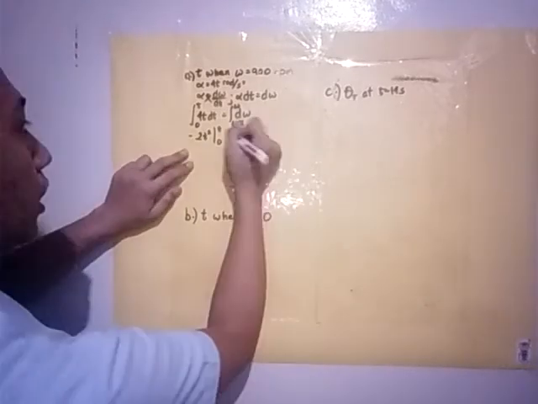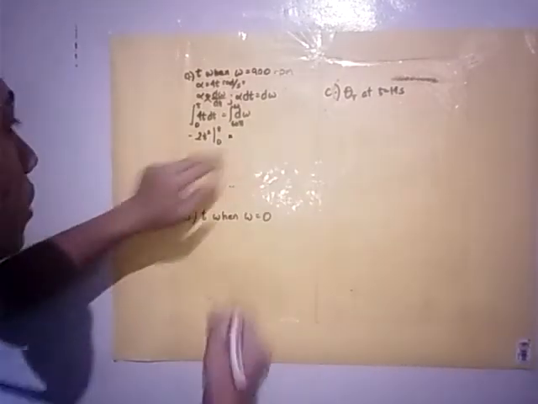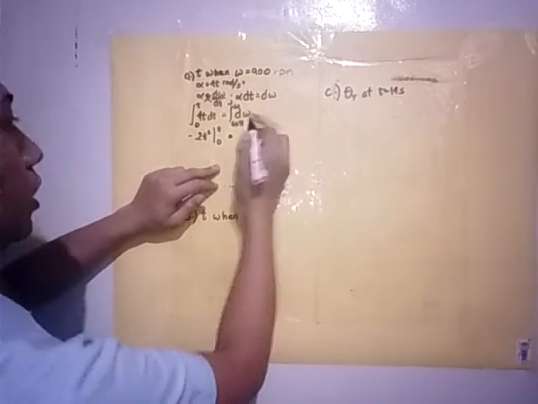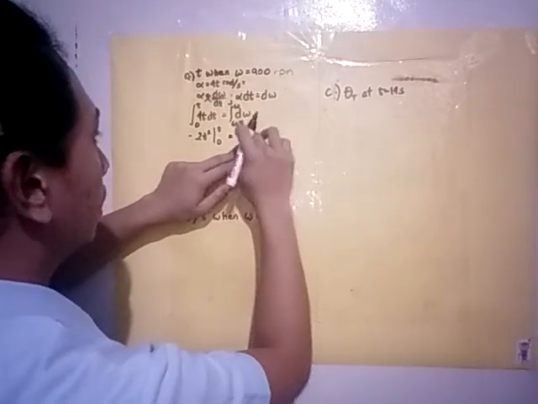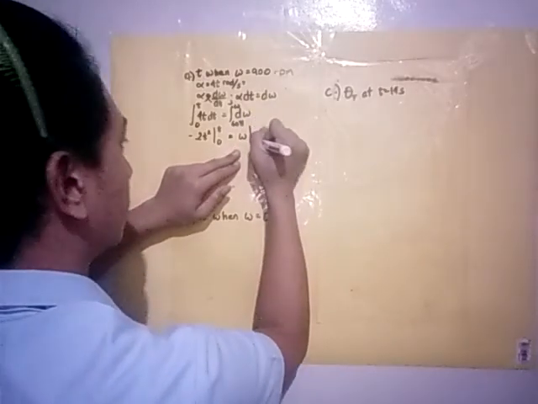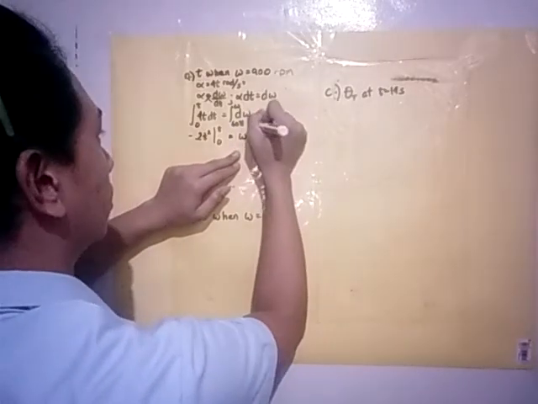So, now we integrate this one. So, integration of the omega is simply omega. Then our limit is from 65 to angular velocity.